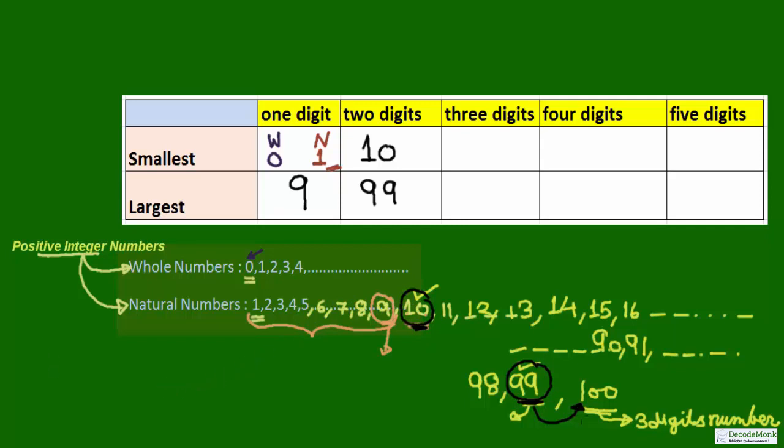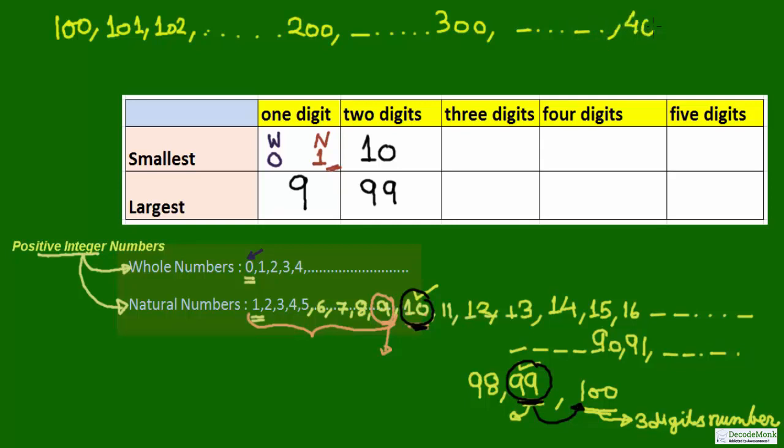By the same logic, if we increase this number line further after 100, let me write that down in this vacant space. Three digit numbers start with 100, then comes 101, 102, and somewhere there will be 200, then 201, 203, 300, then 301, 303, 350, 399, and ultimately 400.